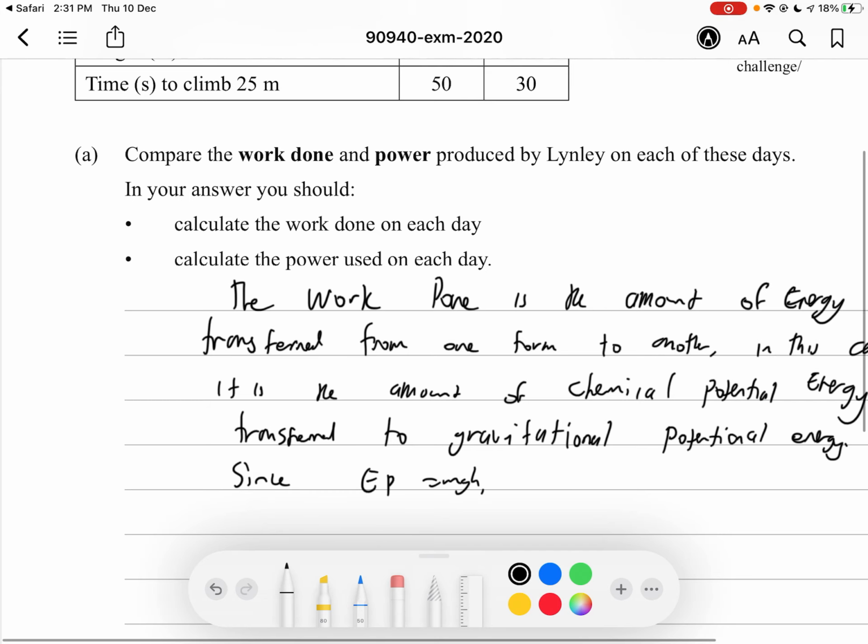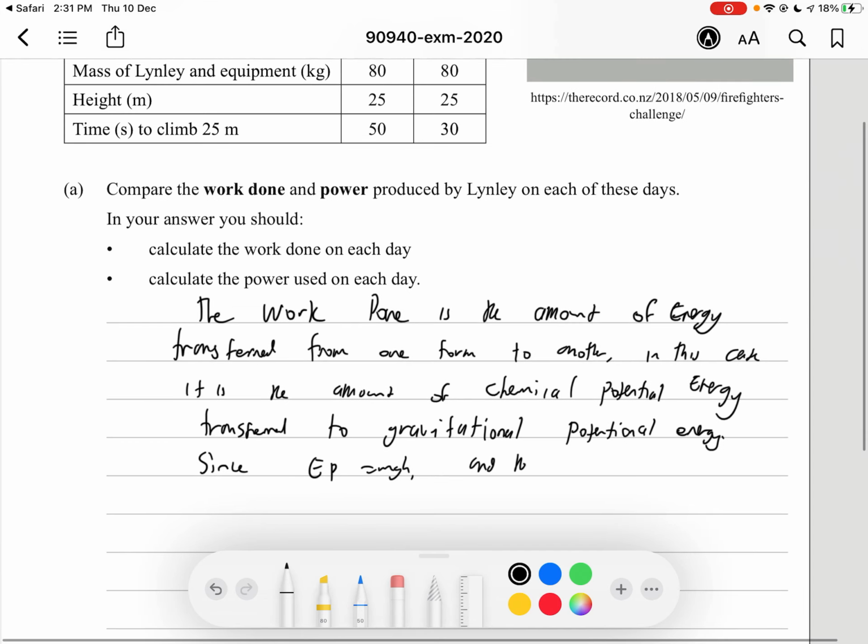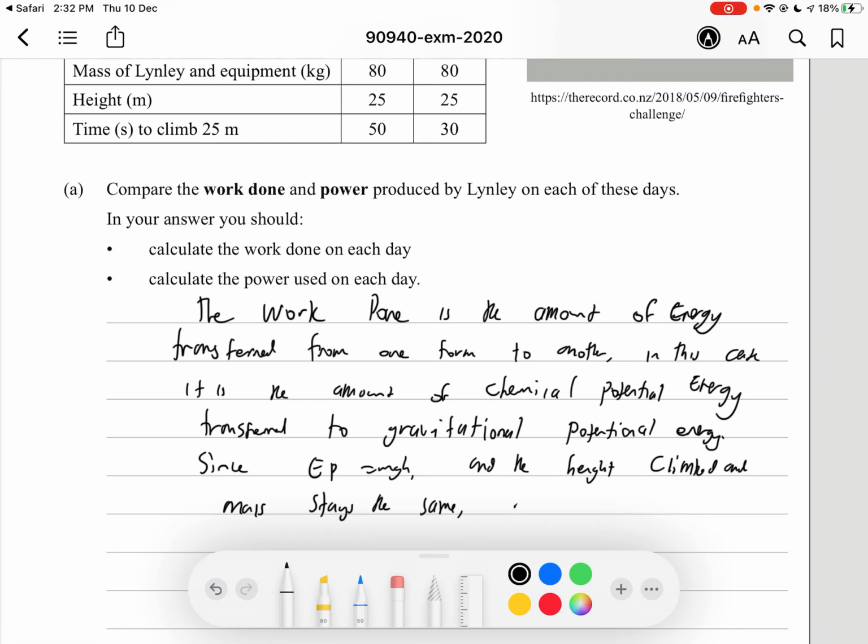You can say since Ep equals mgh, and the height climbed and mass stay the same, she's doing the same work every day.